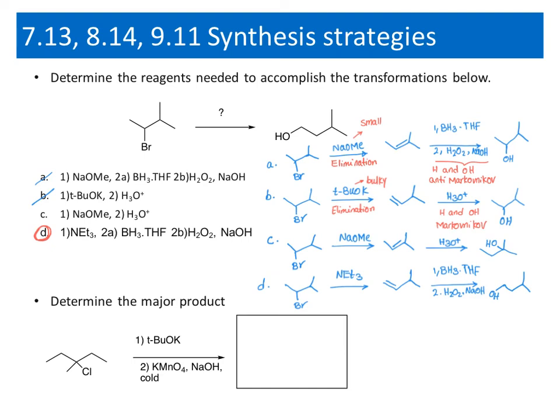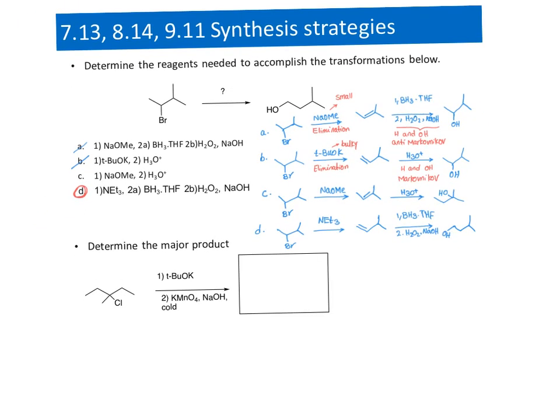Now let's look at another type of synthesis problem. So we have the starting material and sets of reagents. We need to decide what the product looks like after treating the substrate with these reagents. In order to answer this question, we need to draw the product after treating the substrate with each reagent.